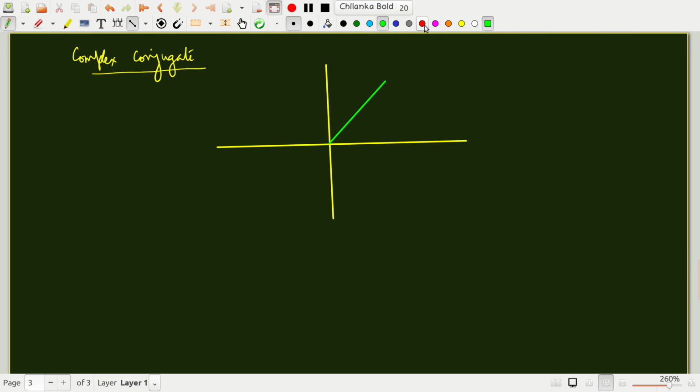Now I can find another number. Let me first mark the coordinates. This is real, this is imaginary. Suppose z is equal to x plus iy. Now the complex conjugate of z, denoted as z star or z bar sometimes, is simply x minus iy. That is, the sign of the imaginary part is switched.